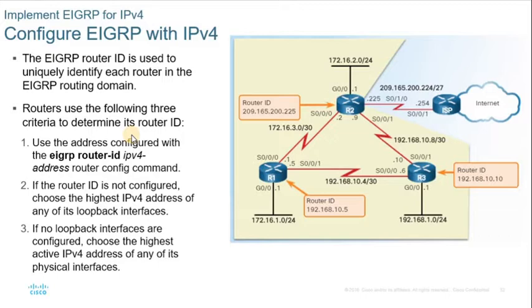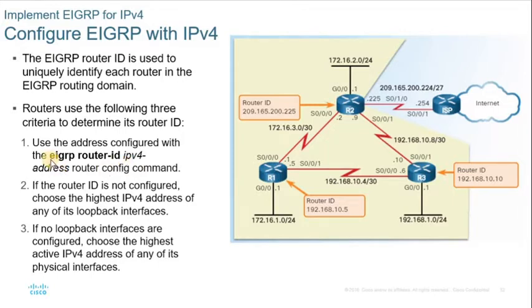Now we have a procedure on how to configure the router ID. Let's say a network admin decides to manually put router IDs on each router. The command will be eigrp router-id, and then you follow with an IPv4 address. The router ID must be written in an IPv4 address format.